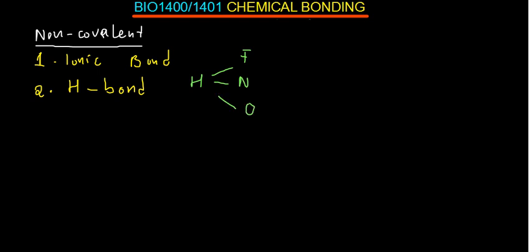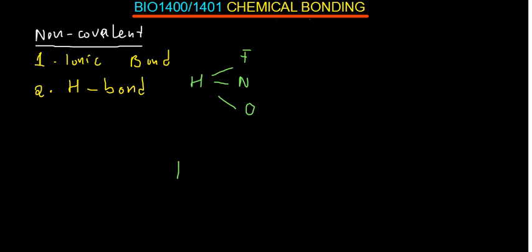Please, this should be from a different molecule. So when hydrogen is attracted to either fluorine or nitrogen or oxygen, not a bond necessarily, but just an attraction, that is going to be called a hydrogen bond.